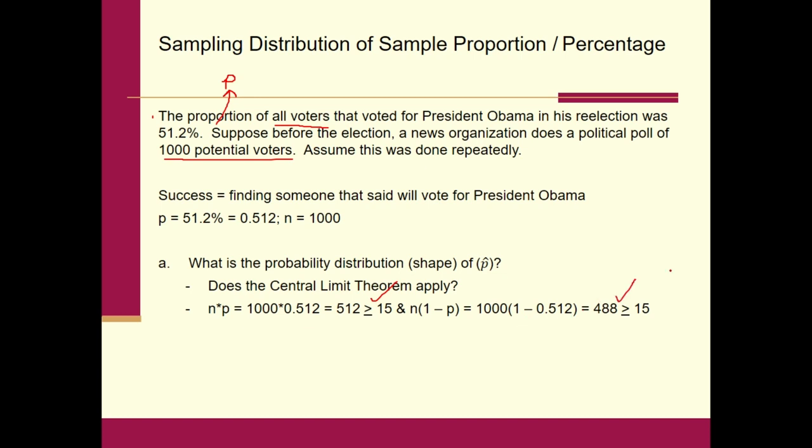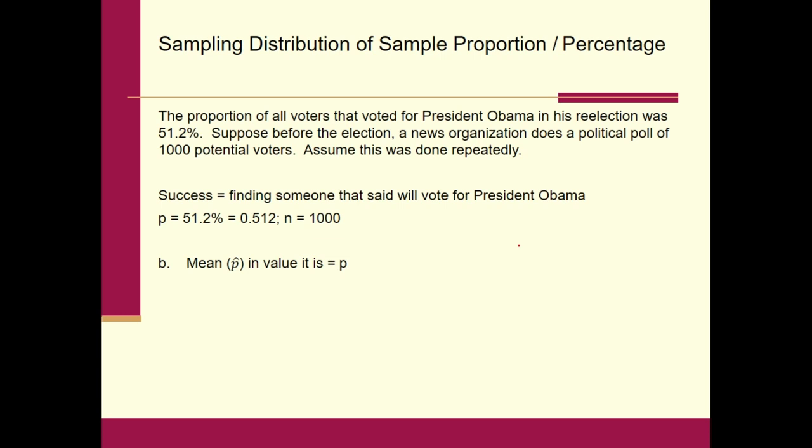That's greater than or equal to 15. Since both of them apply, the central limit theorem applies, and the sampling distribution of P hat is what? Approximately normal. Okay? Sound good so far? Go to means. See what the mean of the sampling distribution of P hat is. In value, it is equal to 51.2, or if you want, 0.512. Okay, so that's where that graph is going to be centered.